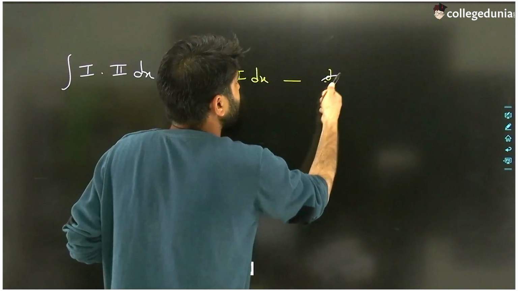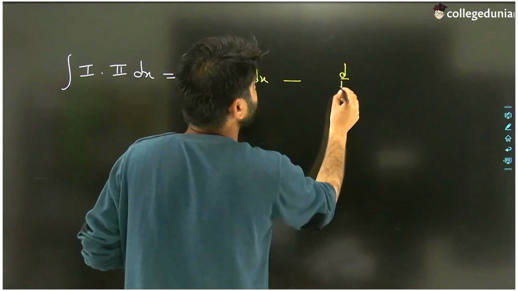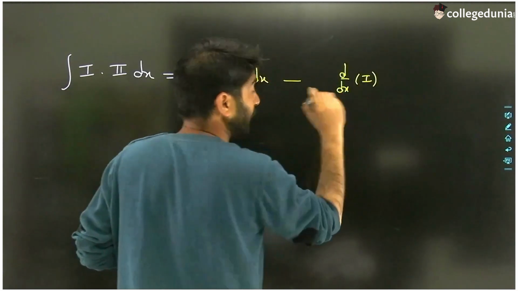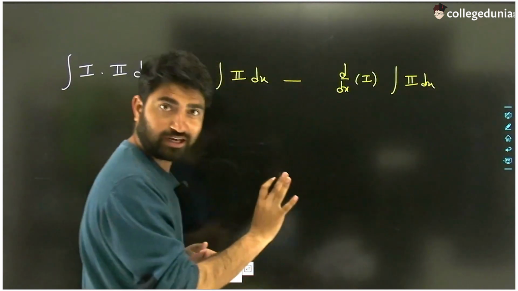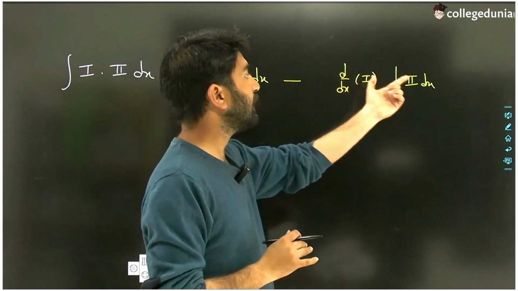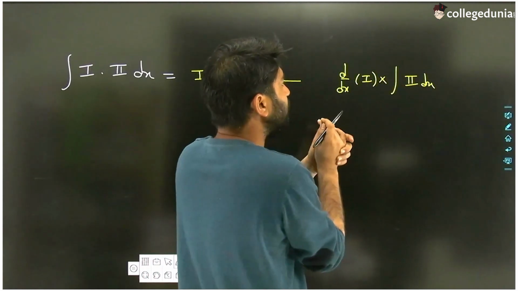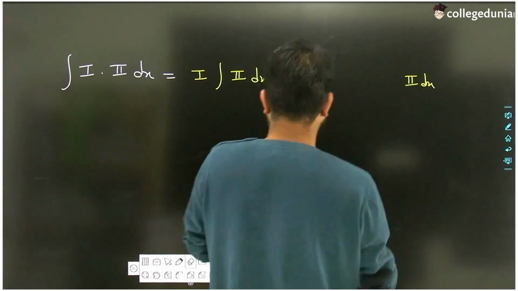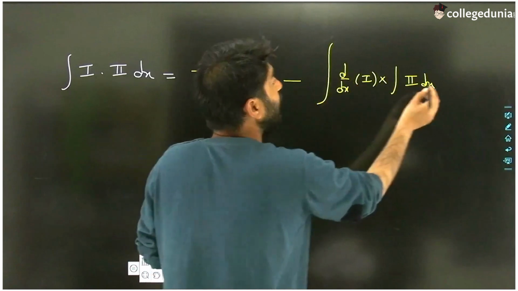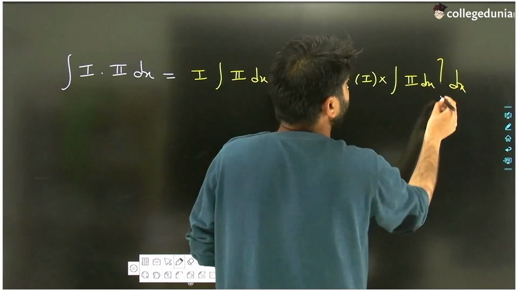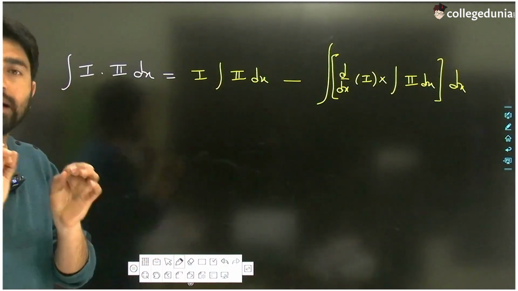Differentiation of first, and then integration of second, right? These two terms will be multiplied together, and the entire expression will be integrated again with respect to x. So guys, this is the by parts method of integration.